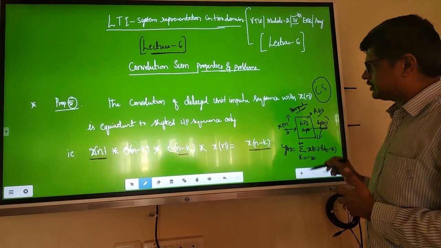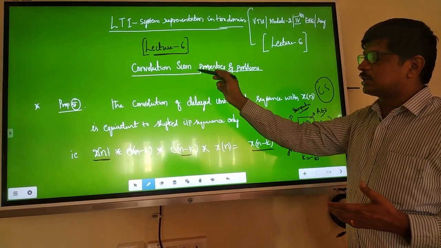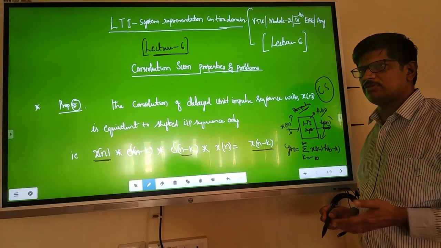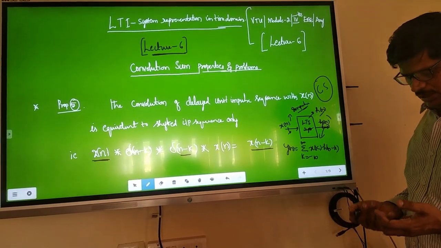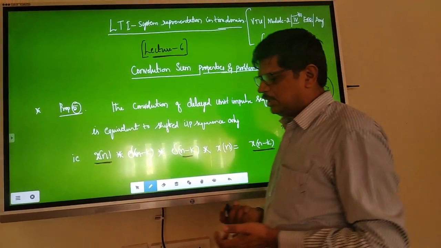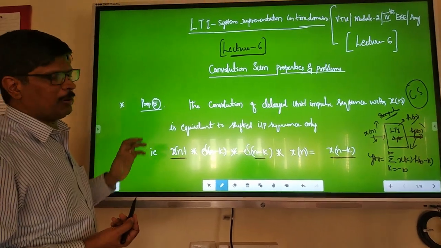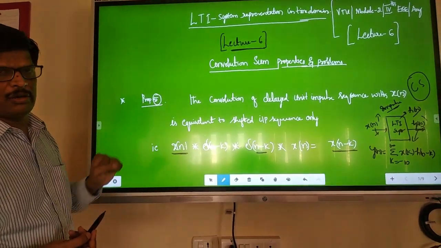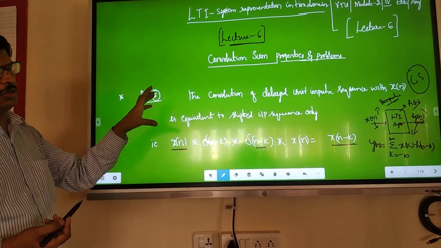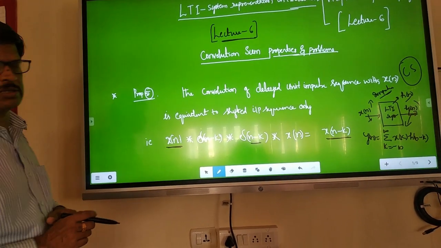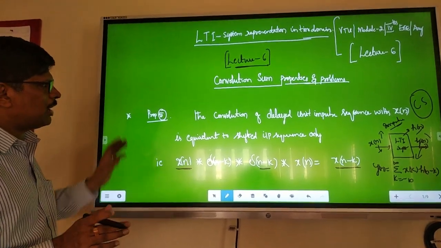We also discussed 4 different convolution properties last class: the commutative property, associative property, distributive property, and convolution of signal x of n with the impulse function.